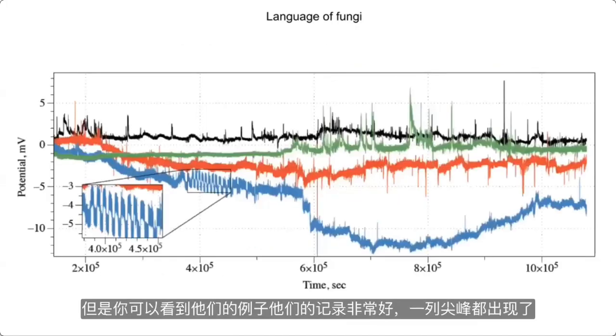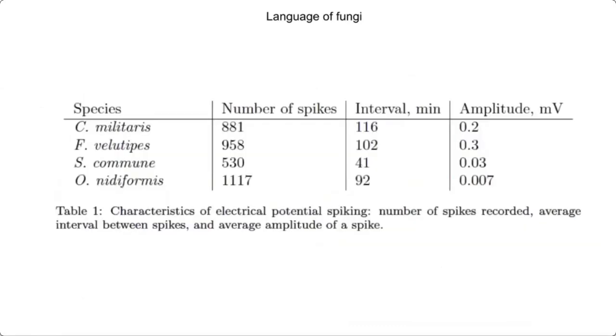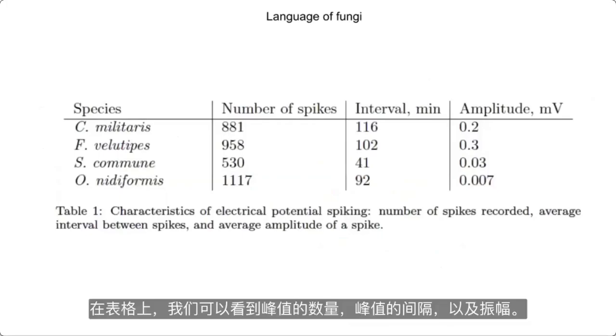But you can see an example of the recording, where a very nice train of spikes is shown in the insert, zoomed in. So in the table we can see the number of spikes analyzed, average interval in minutes between spikes, and amplitude.